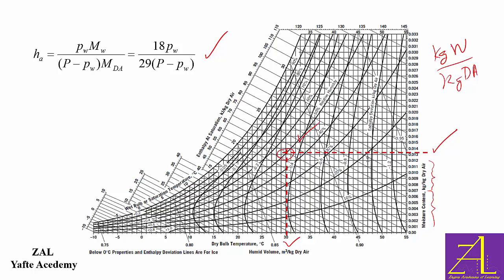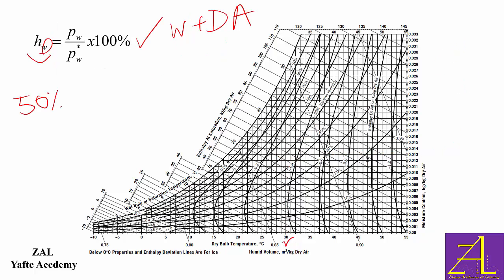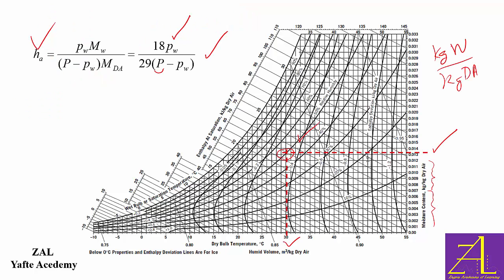Relative humidity that we saw before and absolute humidity that we have here are related to partial pressure of water in the air mixture and the total pressure of the system. The equation that we saw before, relative humidity is related to partial pressure as well as vapor pressure, which is a function of temperature. So if we know the temperature, vapor pressure is known. Either from relative humidity or absolute humidity, we can get the partial pressure of water in the air and we can quantify it.